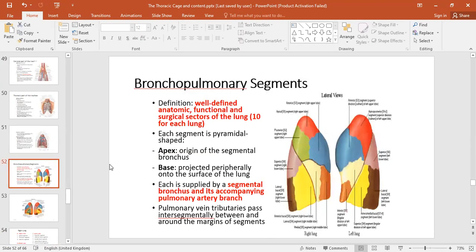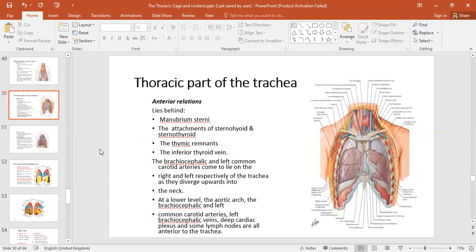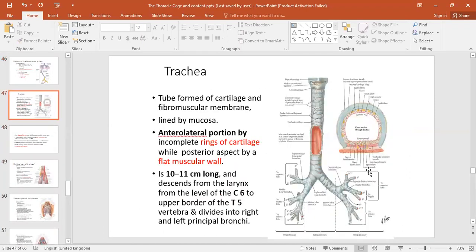Each segment will receive a branch from the secondary bronchus. Then within each segment, the bronchus begins to divide and form bronchioles. So bronchioles are now arising from the tertiary bronchus. You see these divisions going to the segments. We call them tertiary bronchus. Now, there is no major difference apart from size between the trachea, the main or primary bronchus, the secondary bronchus, and the tertiary bronchus, because all of them are muscular tubes.